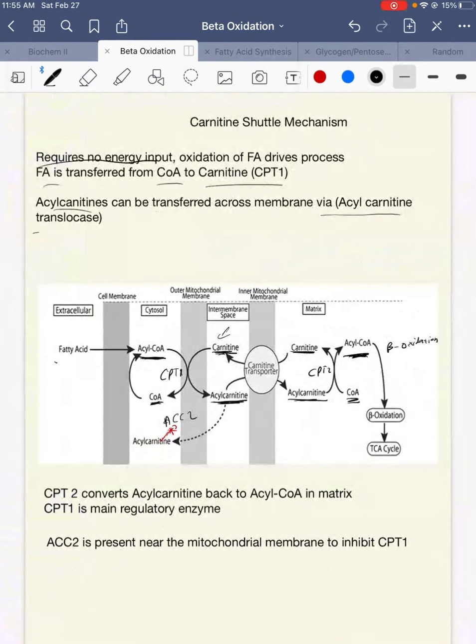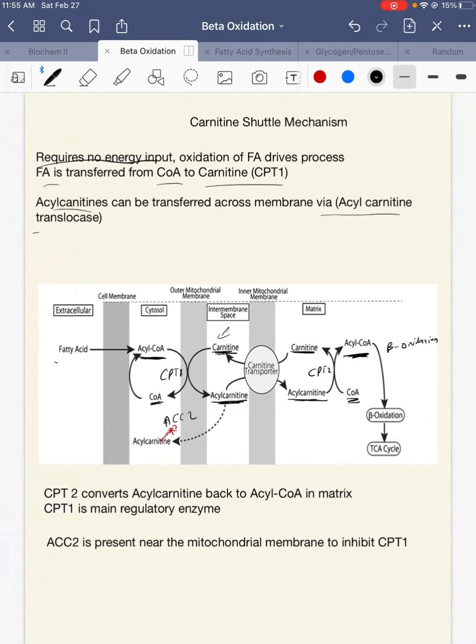So fatty acids enter the cell, either facilitated or by diffusion, and then acyl-CoA synthase will take CoA and a fatty acid and make acyl-CoA. CPT1 takes acyl-CoA from the cytosol and carnitine from the intermembrane space, and it switches the acyl group, so we get acyl-carnitine in the intermembrane space, and CoA goes back into the cytosol.